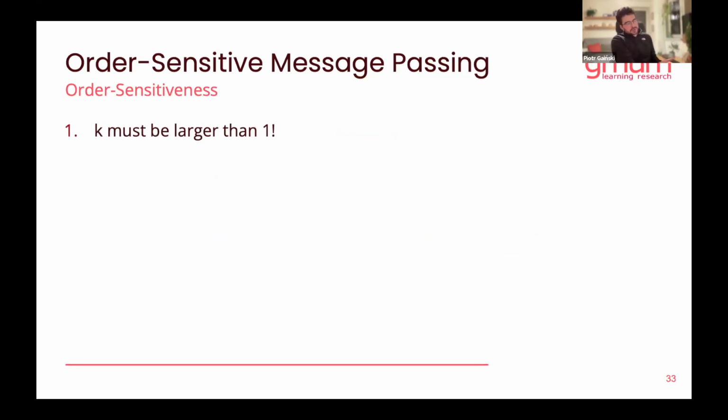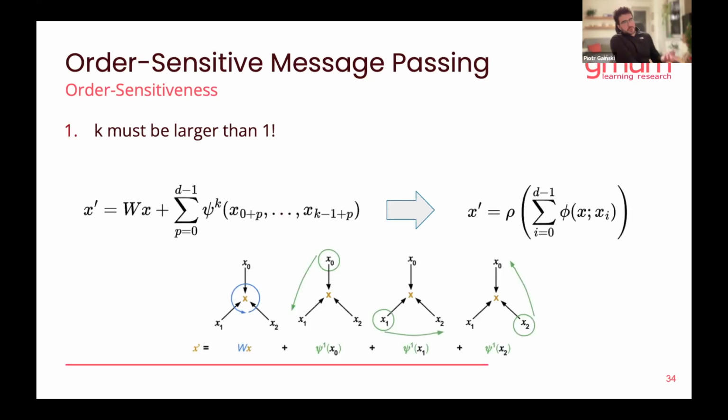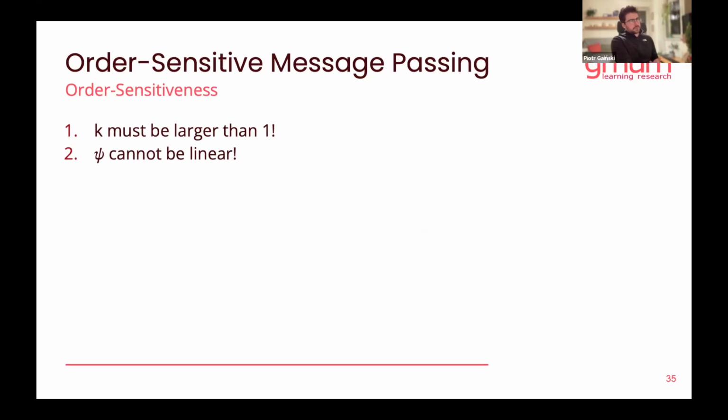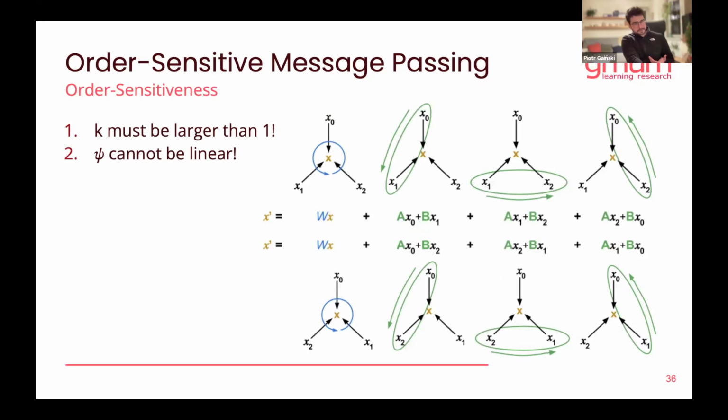The first thing is that k must be larger than 1, and this is exactly what Hannes said: when you take k equal 1, we will have standard message passing, which is permutation invariant. Moreover, psi cannot be linear, and the reason is that the linear embedding will cancel out, even for different permutations, so the results will be the same.